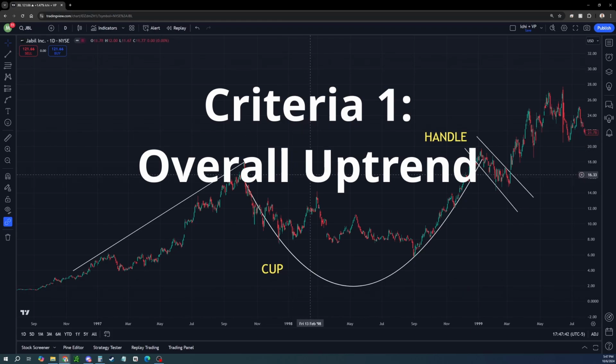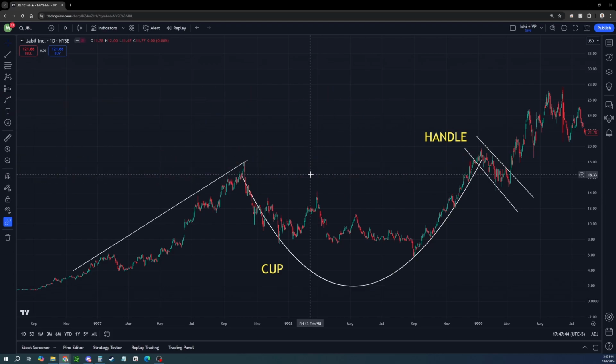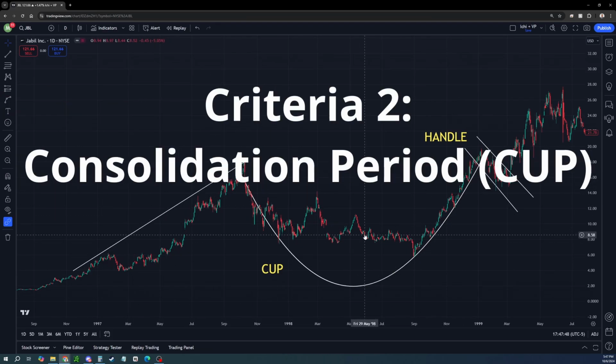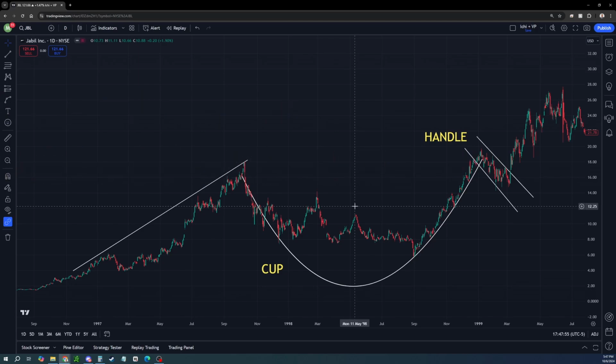So basically, in a nutshell, the cup and handle is formed when a stock is trending up and then price proceeds to pull back, forming this sort of cup shape. This pattern is pretty similar to something called the volatility contraction pattern, which was made famous by the famous trader Mark Minervini.